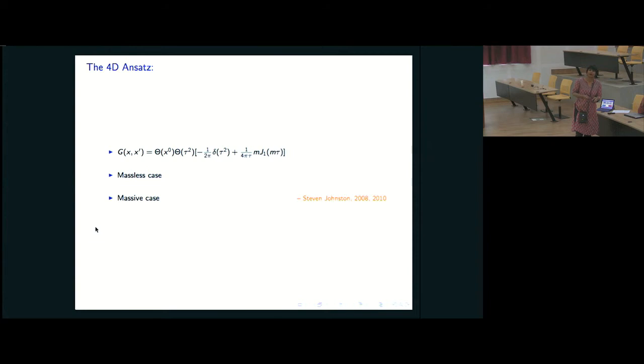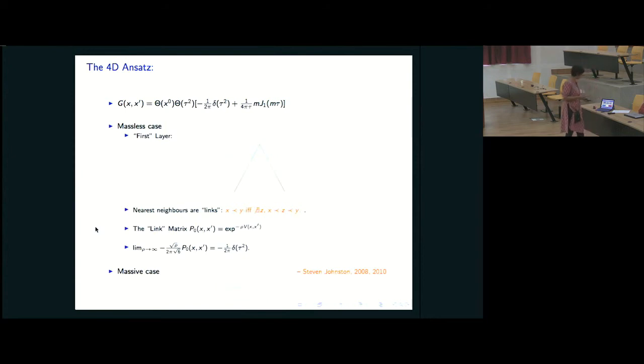So, the 4D ansatz, again. There are no Euclidean causal sets. This is a discretization which is purely Lorentzian. There are lots of practical things that you can do, but we can discuss it at the end, perhaps.